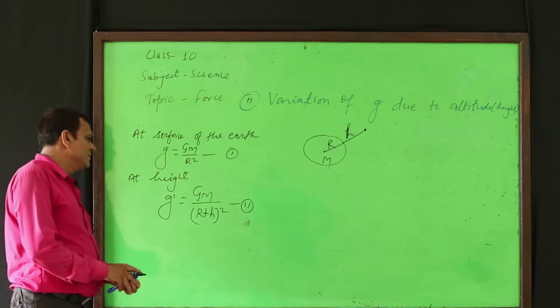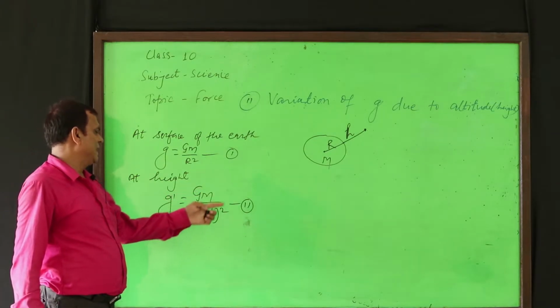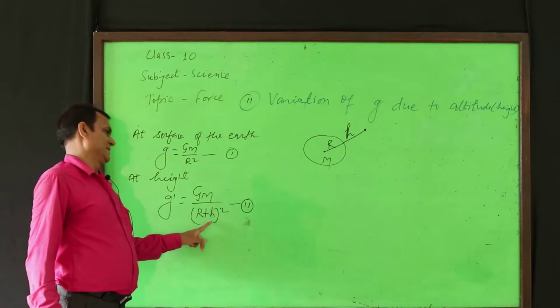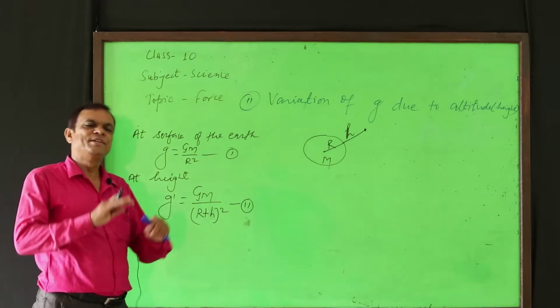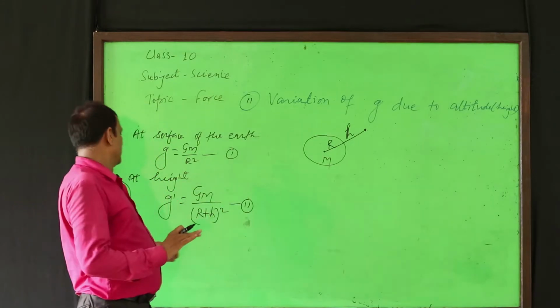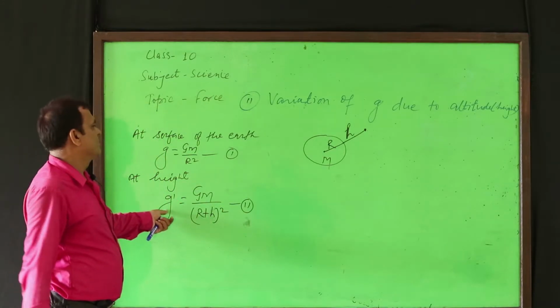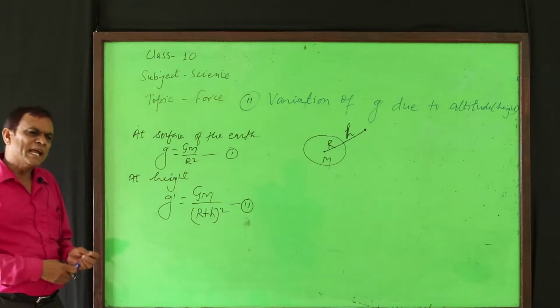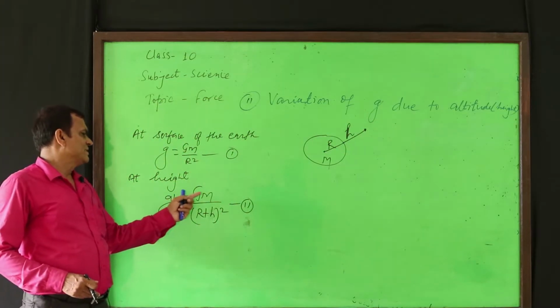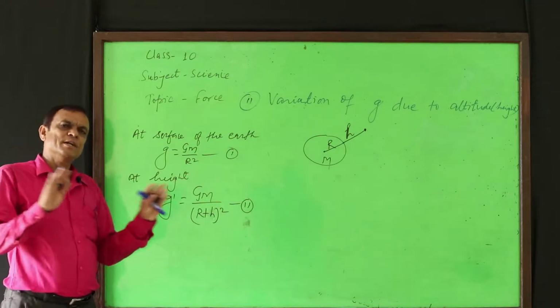Please remember, if the capital G, capital M and R and H, these terms are given to you to find acceleration due to gravity, you can easily find the value of this small g above the earth's surface by using this formula. But sometimes the value of capital G and capital M are not given to you.